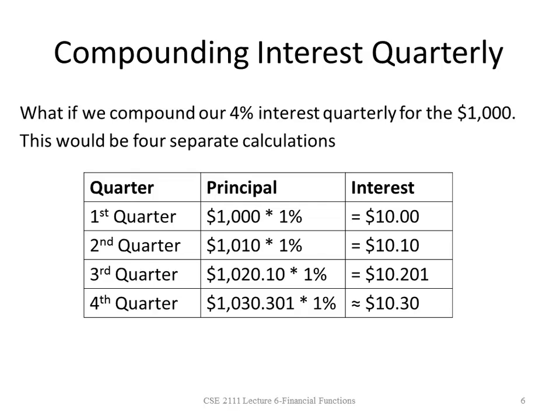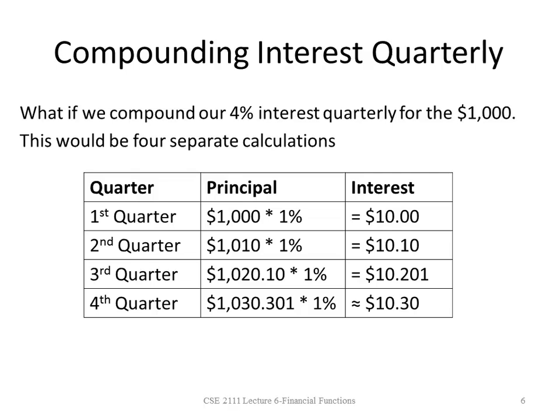So at the end of the first quarter, we will receive $10 in interest. We will take that $10 and add it to the principal for the second quarter, and then at the end of the second quarter, we'll receive $10.10 interest. We'll take that amount and add it on to make our principal for the third quarter, $1,020.10.